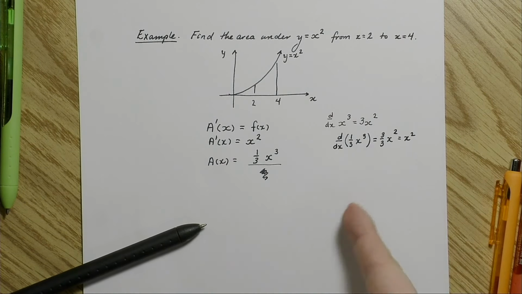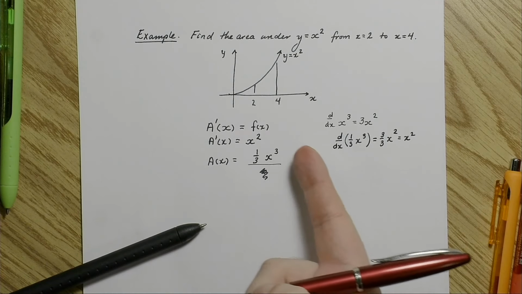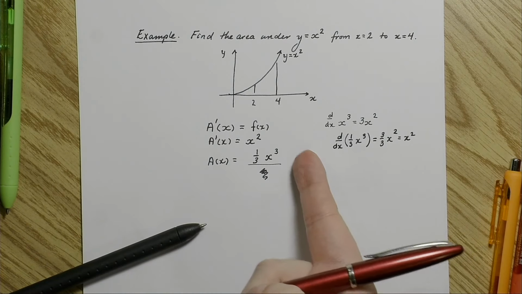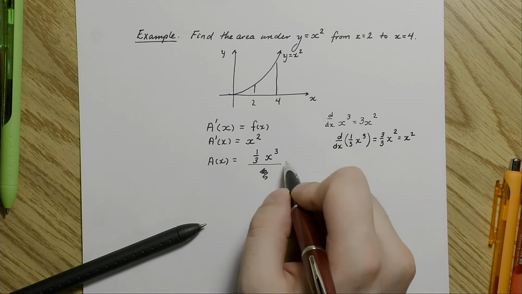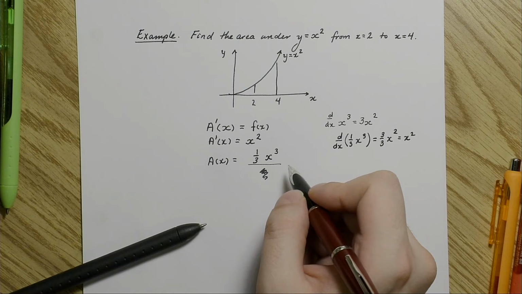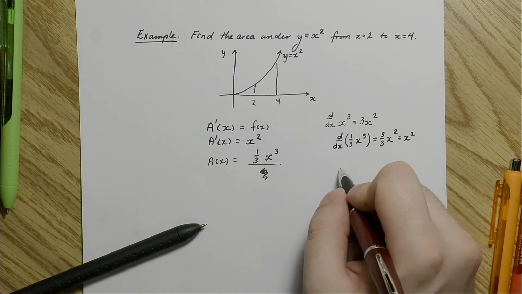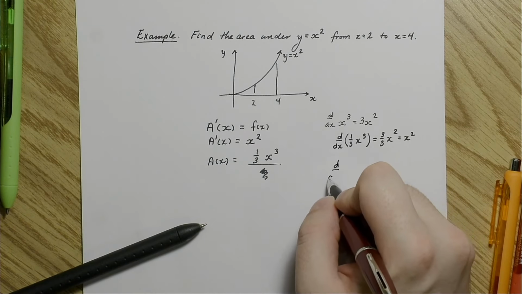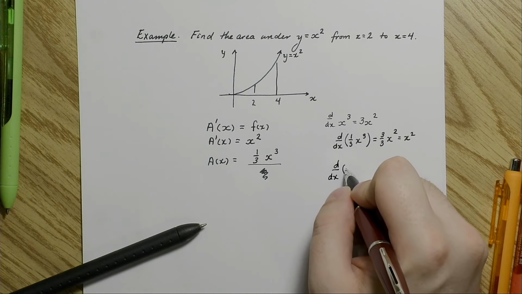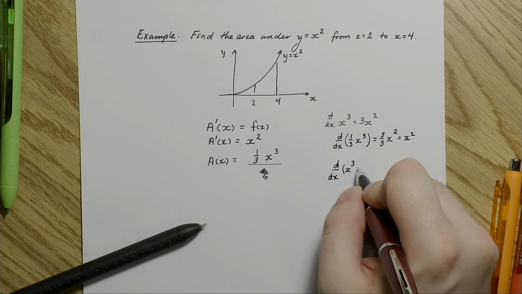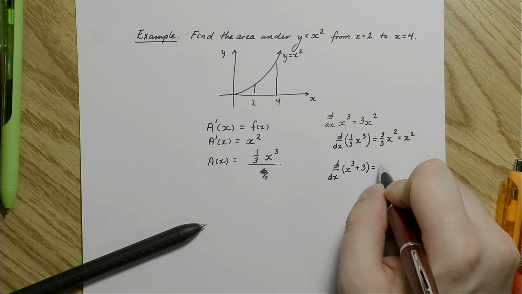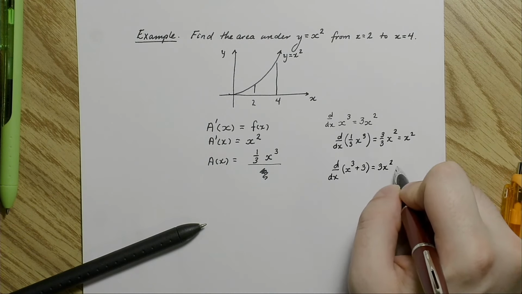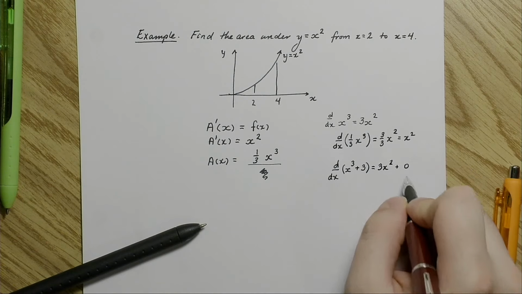The other problem that we face when we're doing something like this, trying to find what will differentiate to it, is we're missing a constant. So for instance, if I differentiated d dx of x cubed plus 3, we know that that's equal to 3x squared plus 0.